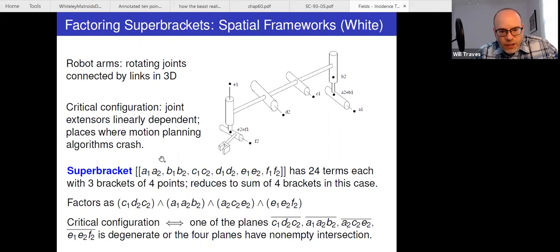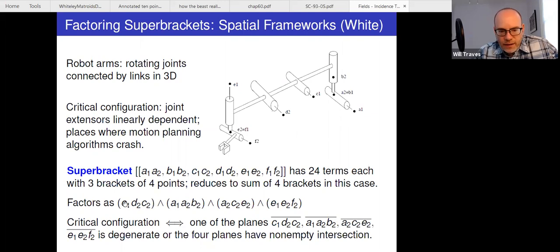And it turns out that that super bracket can be factored. It's this very nice Grassmann-Cayley expression. And what this says is that when this Grassmann-Cayley expression is 0, then you're in a critical configuration. So that says that either the points C1, D2, and C2 have to all lie on a line, so they're not a plane, right?